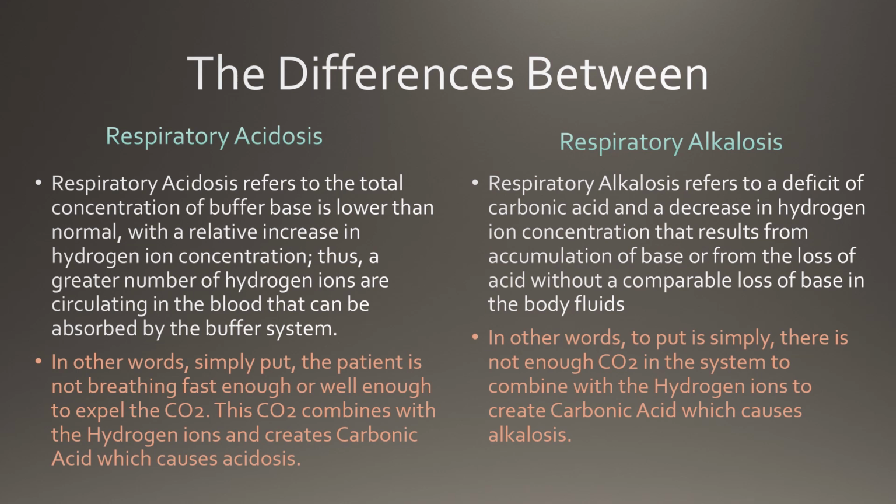This CO2 combines with the hydrogen atoms and creates carbonic acid, which causes acidosis. Respiratory alkalosis, on the other hand, refers to a deficit of carbonic acid and a decrease in hydrogen ion concentration that results from accumulation of base or from the loss of acid without a comparable loss of base in the body fluids.